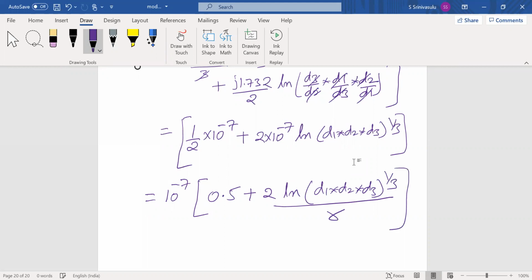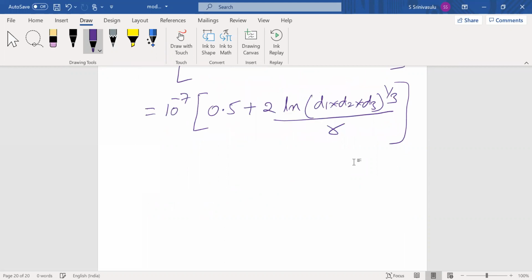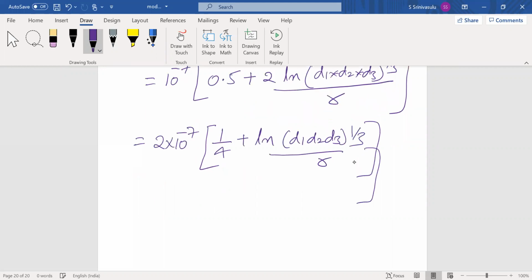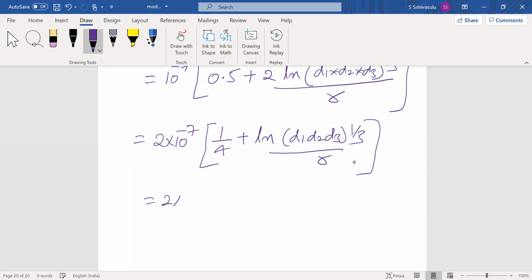Or if you simplify like this also, 2 into 10 power minus 7 is common. What will we get? This is the 1 by 4 and this ln of d1, d2, d3 whole power 1 by 3 by r.